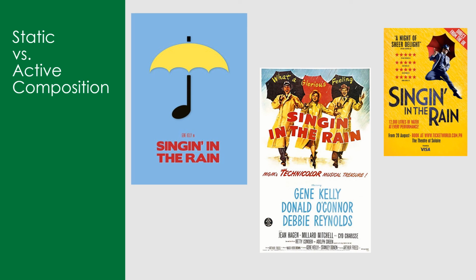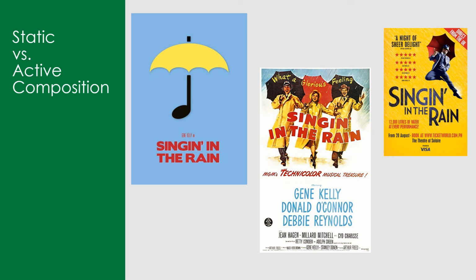If I go over to that center poster, the original, I'll add, it's kind of active, right? The top half of the poster, What a Glorious Feeling, is on a nice little curve, and then Singing in the Rain is on a little curve too. And so my eye is sort of dancing along as it reads the words, and there's a bit of motion at the top.